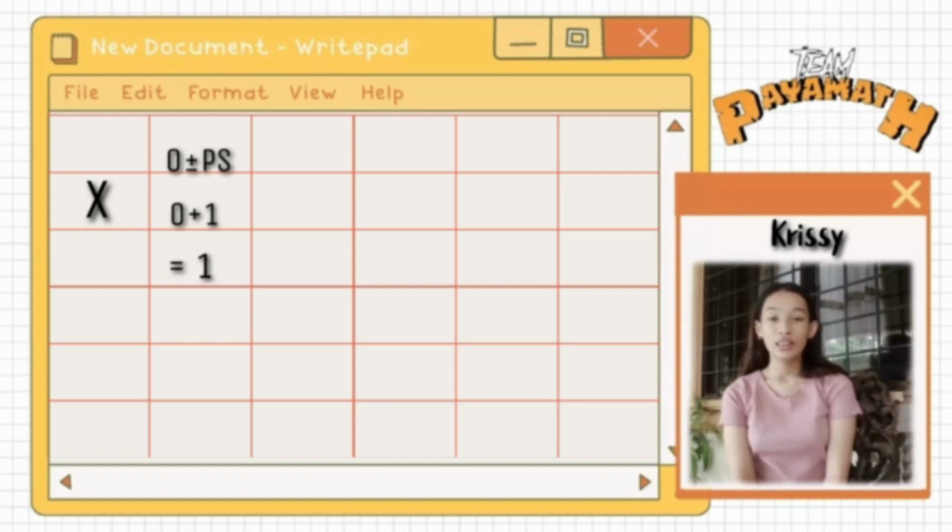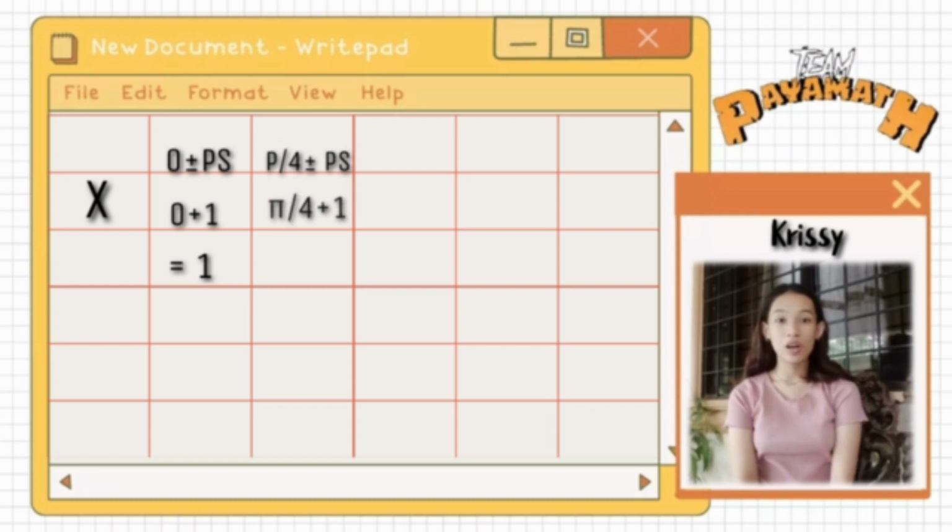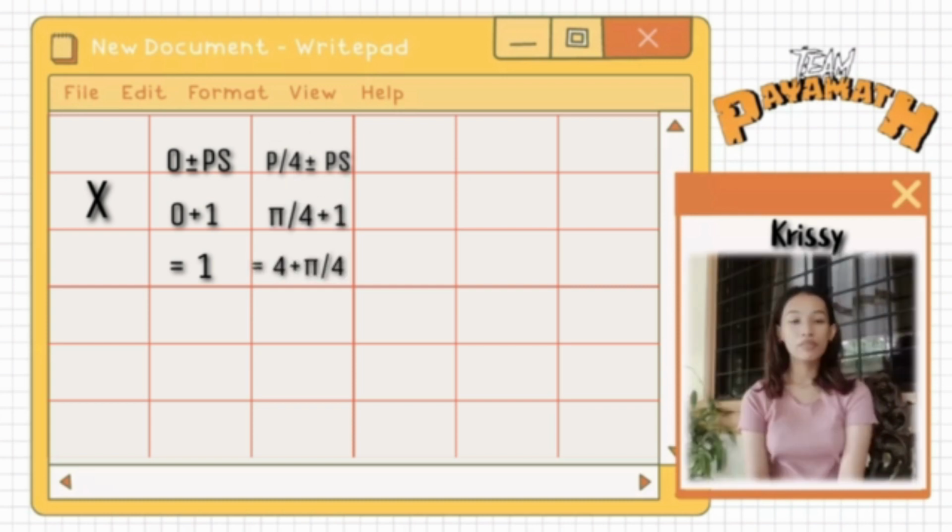For the second value of our x, let us substitute again with the given pattern, which is the period over 4 plus the phase shift. Let's substitute the value of the period, pi over 4, plus the phase shift, which is 1.